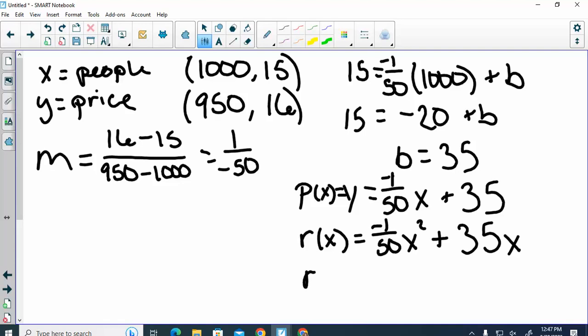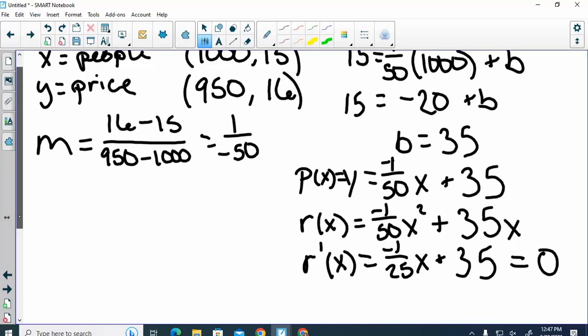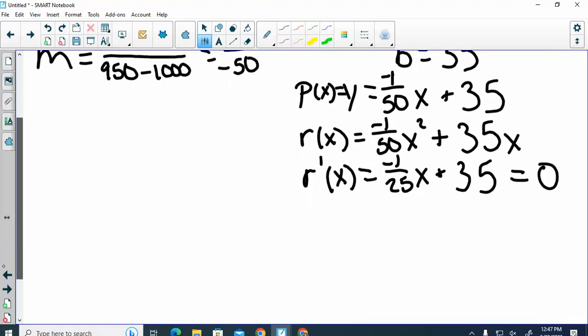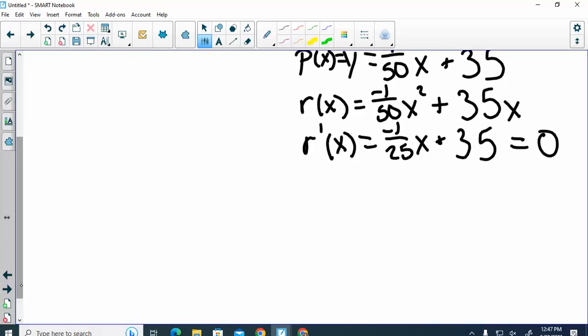So now we do the derivative. Alright, set that equal to 0.